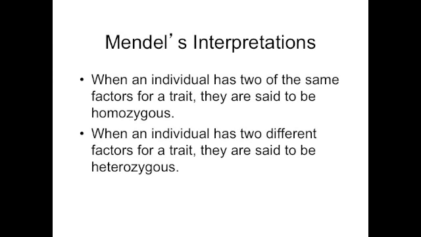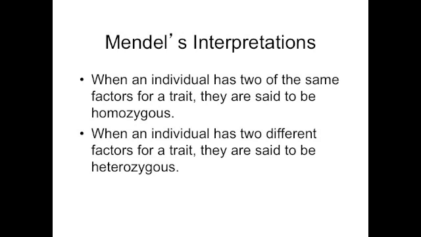When an individual has two of the same factors for a trait, they are said to be homozygous, homo meaning the same. When an individual has two different factors for a trait, they are said to be heterozygous, hetero being different. For example, when a pea plant has two alleles that both code for being tall, it is homozygous because both alleles represent the same trait.